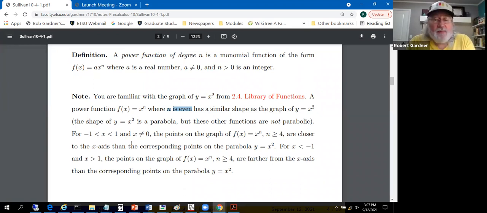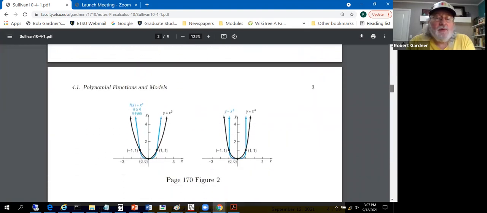Some additional properties, actually, let's look at a picture first. So here in black is the graph of y equals x squared. Here in blue is the graph of f of x equals x to the n, where n is even and greater than or equal to 4. Trust me on that.